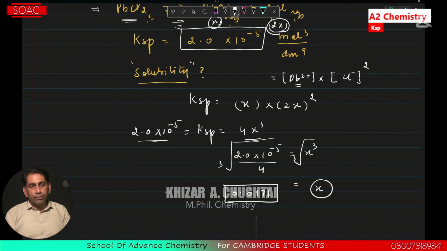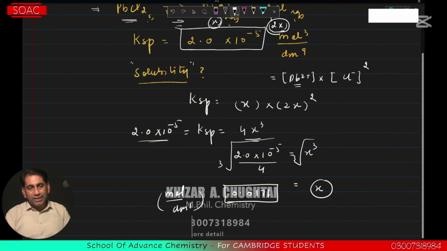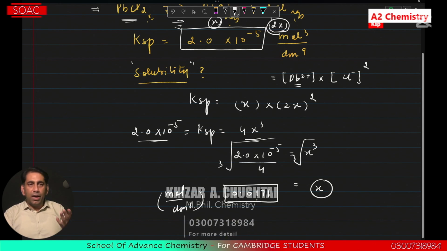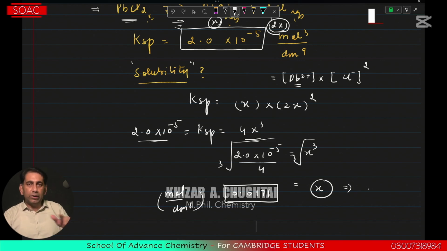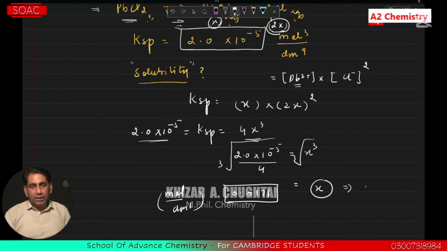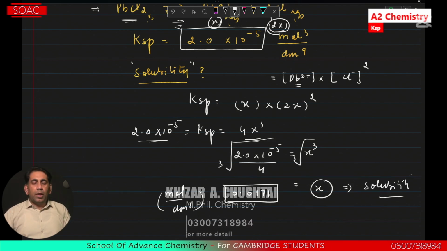So this is mole per dm³ of PbCl2 at room temperature in water. This is the solubility of PbCl2 in water under normal conditions of temperature and pressure. So that is the solubility. Now let's see over here.